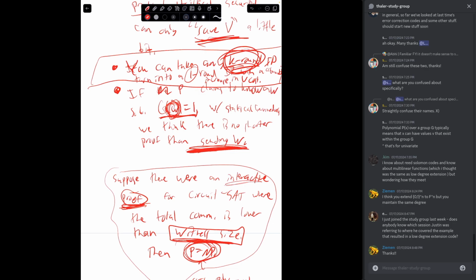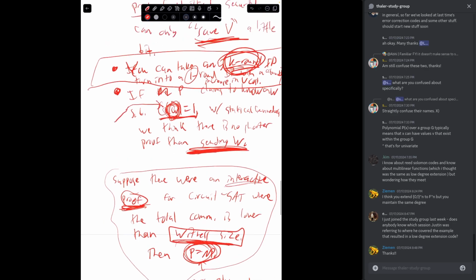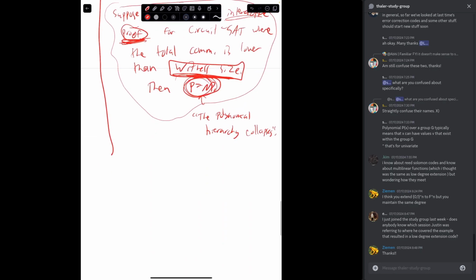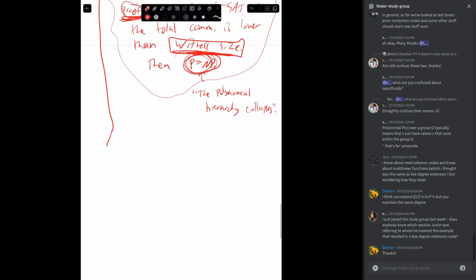Yeah. So the way to think of it is, let me think about this for a second. If you just use Sum-check and no cryptography for something like this, the way you would do it is, and I just had a discussion about this in the Discord chat, so if you haven't had a look at that, feel free to take a look at your leisure.